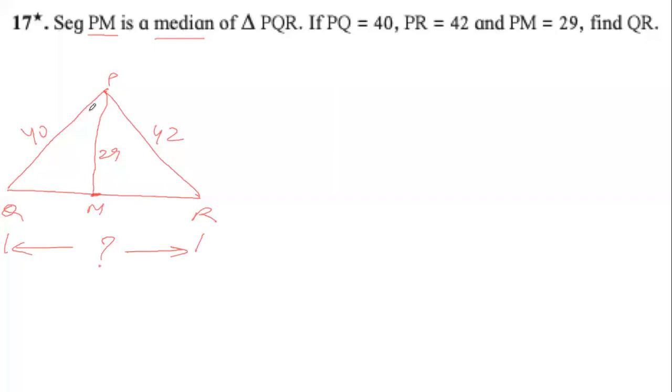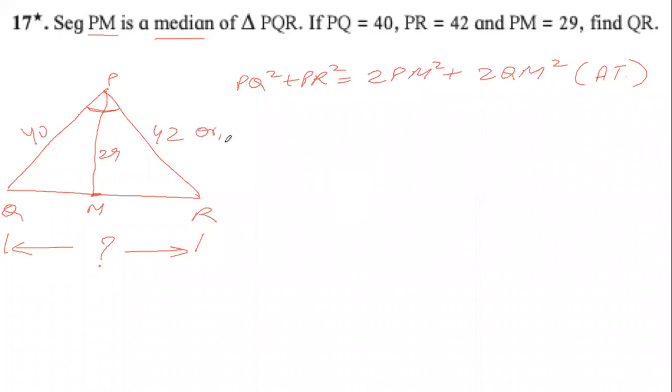So using Apollonius theorem for the angle P, we can say PQ square plus PR square equals 2PM square plus 2QM square. Very, very simple. You will write the full Apollonius theorem.